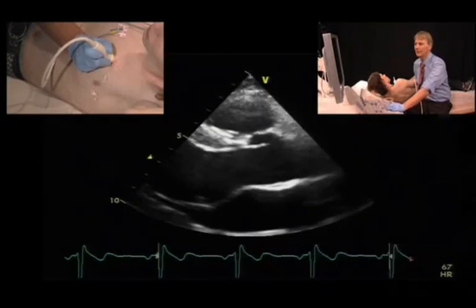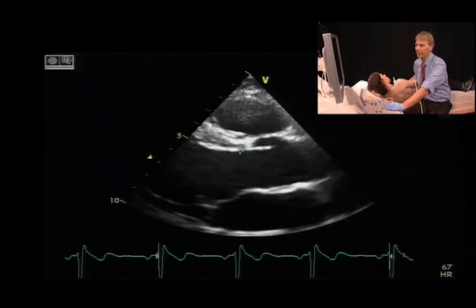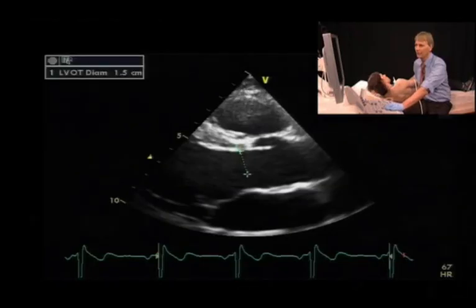Then you freeze the image and measure the LVOT exactly during systole, so when the valve is open, just below the aortic valve. So in this case, we're getting a diameter of approximately 24–25 millimeters.